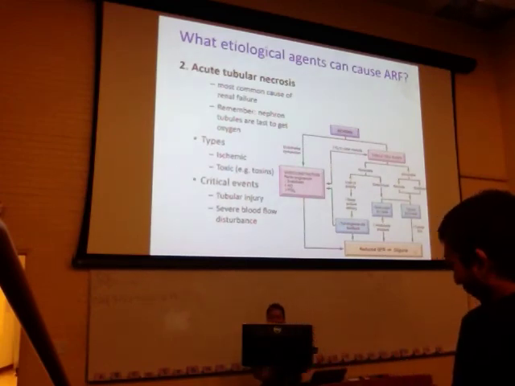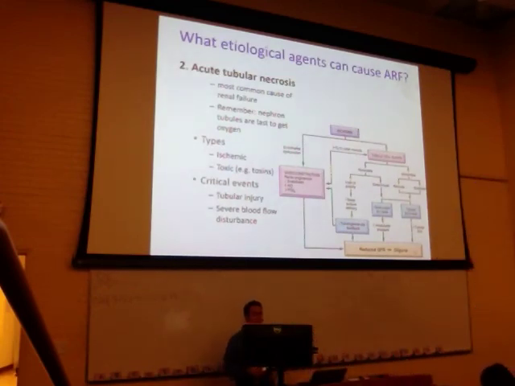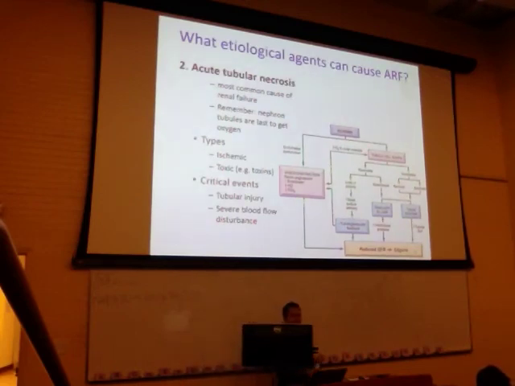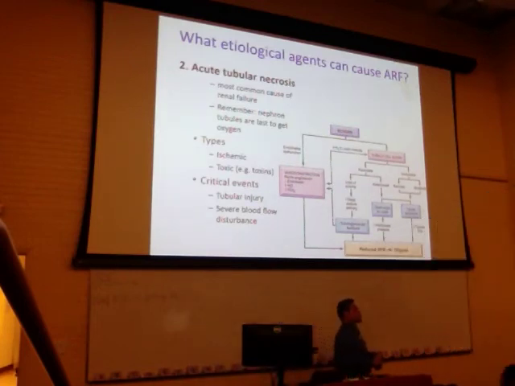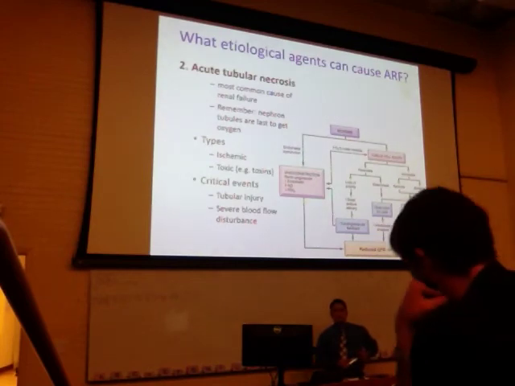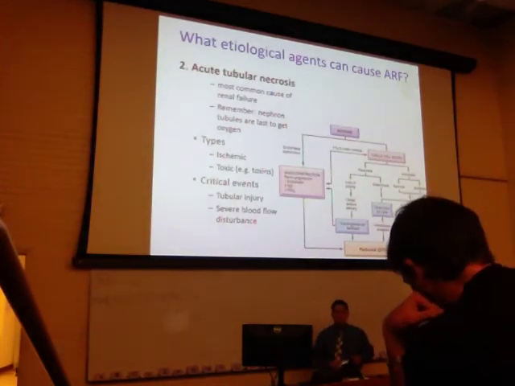And keep in mind that the nephron tubules are the last in line to receive blood flow, so they're the last to get oxygen. So that also means they're the first to be at risk of necrosis if ischemia takes place.